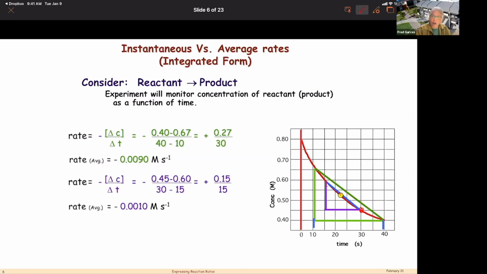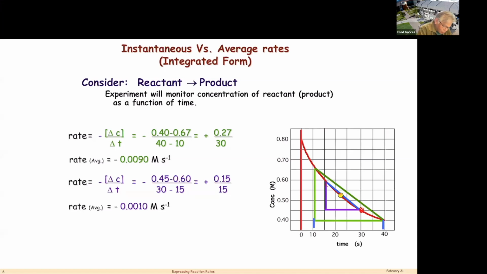So again, it's the rise over the run, and in this particular case, it's 0.6 minus 0.45, that's this right here, and then 30 and 15, that's this right here. And when you do the math, you come up with 0.0010, and you notice these two are not the same.